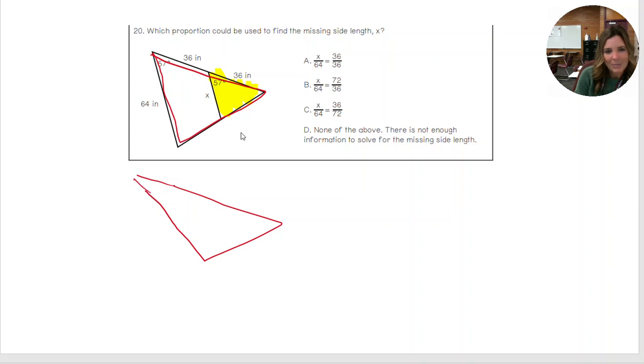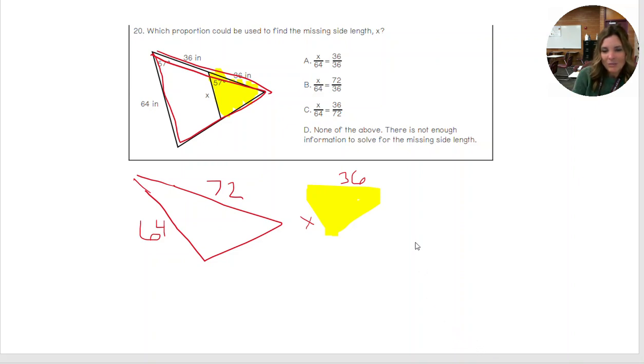On this side of the red one, we know that this is 72. And we know that this is 64. For the little yellow one, we know that this right here is 36, and we don't know what this one is.